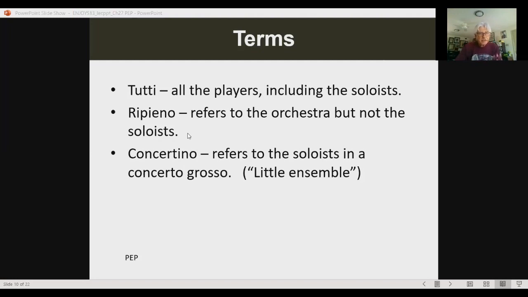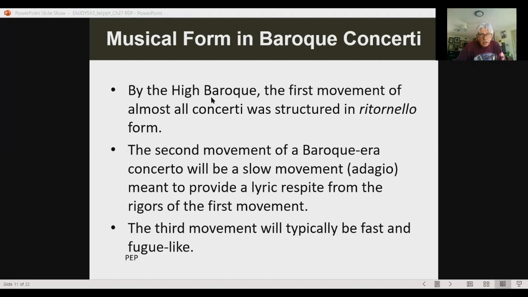And then the ripieno would mean the orchestra without the soloist. And tutti means everybody. Okay, so typically we're going to expect a ritornello form in the first movement and the third movement, and those are fast, and the middle movement is slow. We use the word adagio.